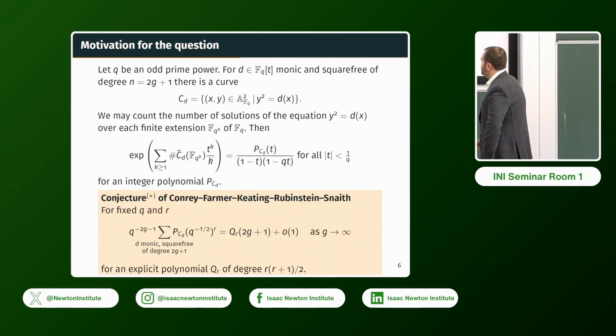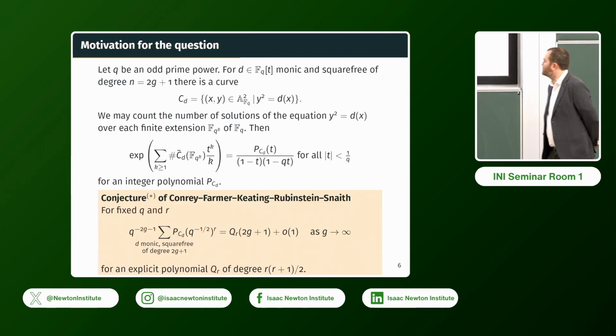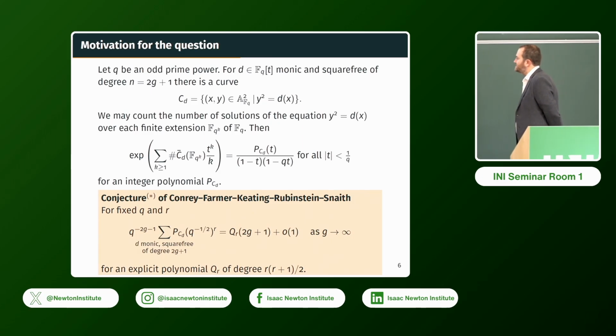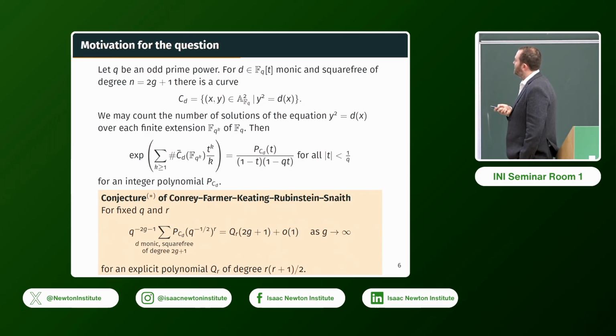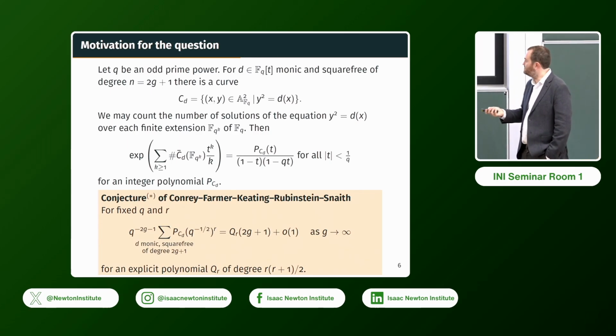And so there's a conjecture about this due to Conrey, Farmer, Keating, Rubinstein, and Snaith. And it's again kind of big, and I'll explain it step by step. So I fix q, which is my prime power, and I fix a number r. And I ask about the moments of these special values of this function. Okay, there's some normalization at the beginning, which is not very important, but I take the sum over all monic square-free polynomials of degree 2g plus 1.